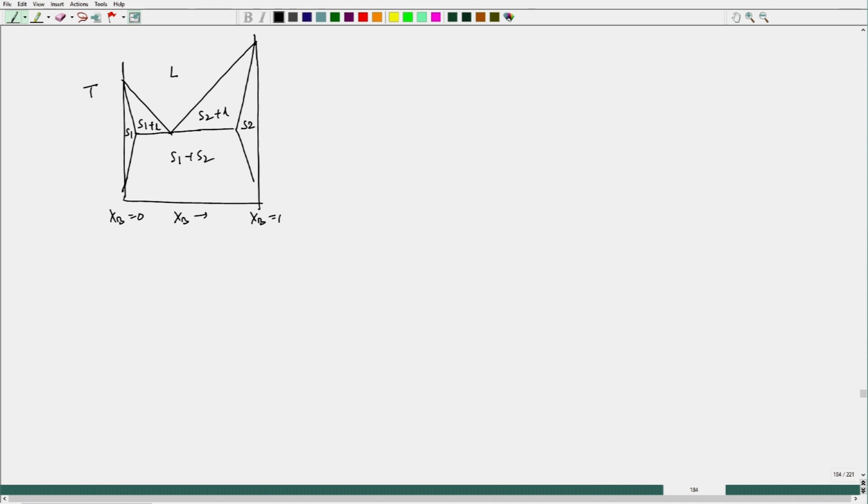And in case, let us say the two terminal solid solutions which are coming out have different crystal structures, then we can actually put it as alpha, which is A rich, and this particular thing can be put as beta, which is B rich. Okay. So, that is the only difference if the crystal structures are different. If crystal structures are same, S1, S2.